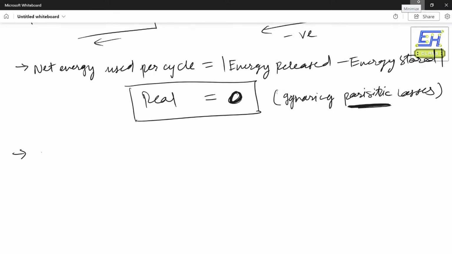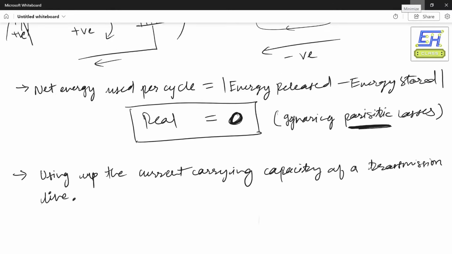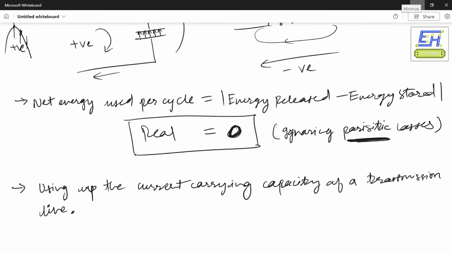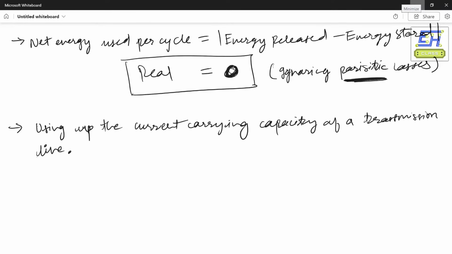So we are actually using up the current carrying capacity that is specified for a conductor or transmission line, even if the net result is no energy being used up. Still, the current is flowing, and hence it's very important while designing electrical transmission lines and power systems that you take this into account.